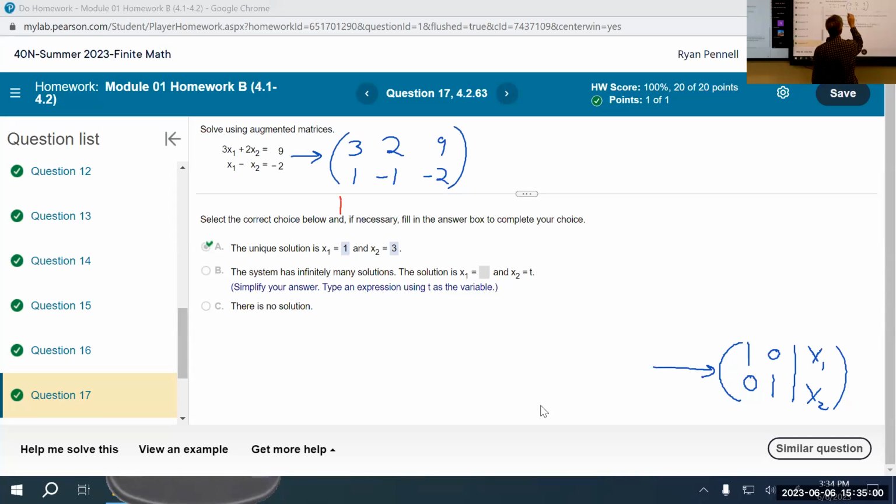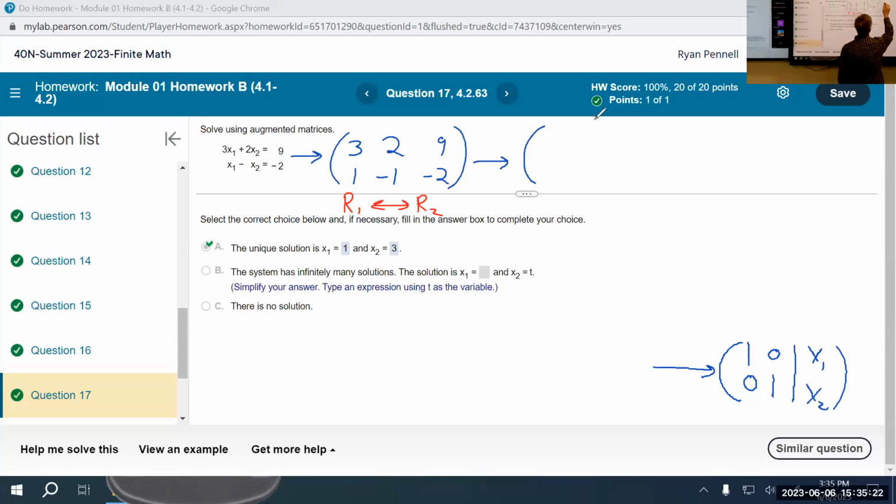I'm going to swap row 1 for row 2. I'm making a note to myself: row 1 for row 2. I get a 1 for free. I don't have to calculate anything, and that way I don't have to deal with 2/3.